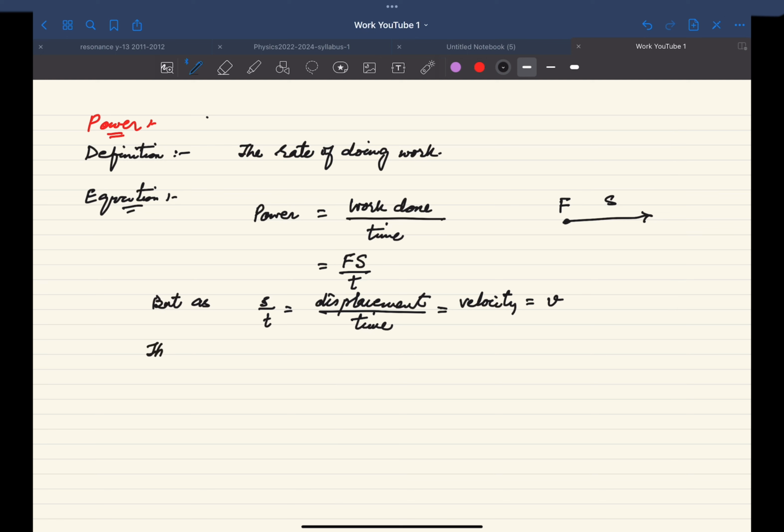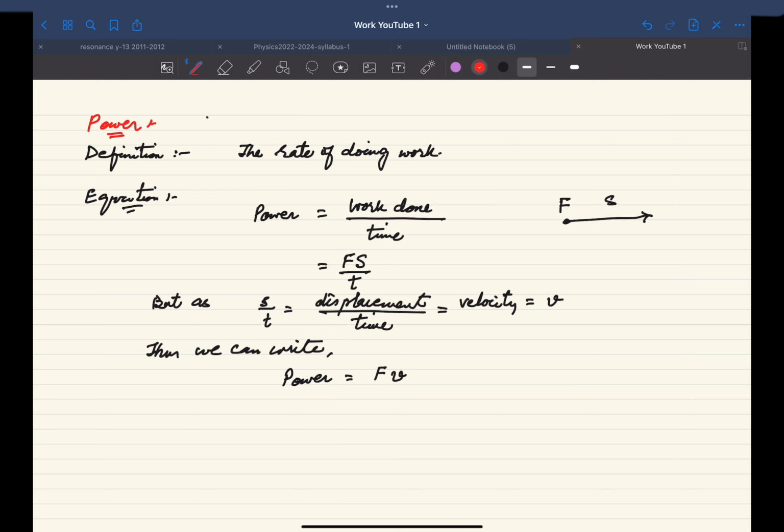Thus, we can write power is equal to F into V.